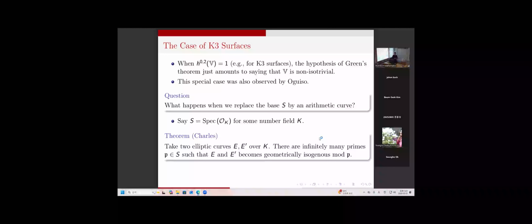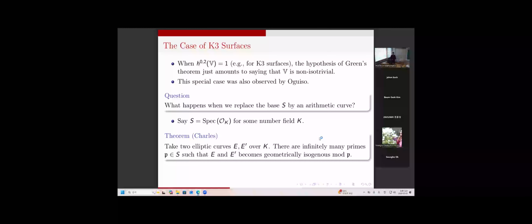The theorem says that suppose you take two elliptic curves, E and E prime over K. Of course, then you need to spread out your curves to an open part of the ring of integers. Then there are infinitely many primes on the base such that your elliptic curves become geometrically isogenous modulo P.